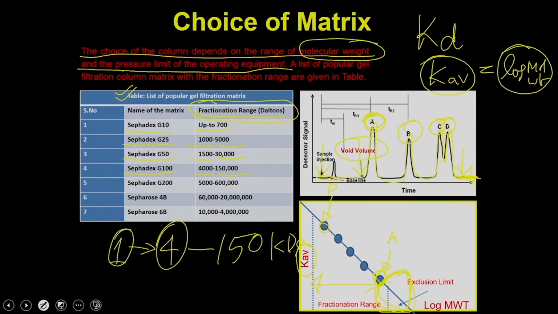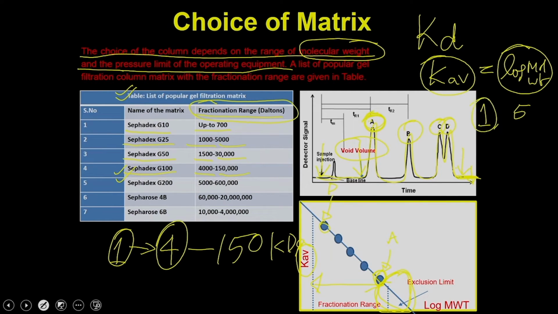but you will not be able to separate 1 kDa from 4 kDa. What the fractionation range means is that if you have two proteins of 1 kDa and 5 kDa, this particular column is going to give you a single peak, because both proteins are outside the fractionation range.